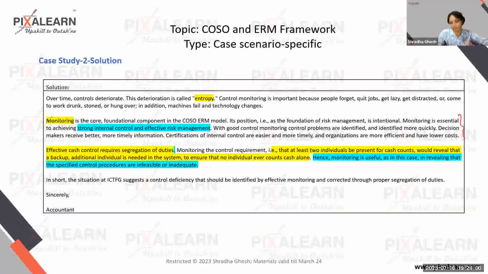Here I want some keywords. This is monitoring, one of the aspects of COSO. The benefit you've got to say is very clear: we don't wait for the problems to be solved retrospectively. We can come up with a proactive solution. Because of this, there will be more timely information, and the cost of correcting the errors will be less.